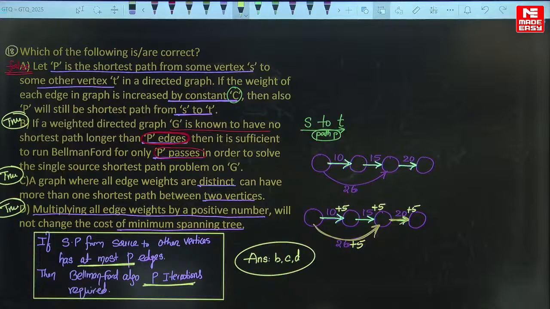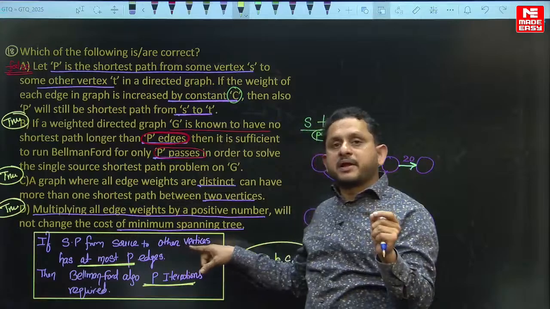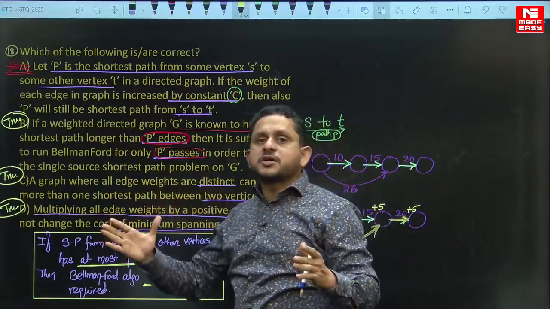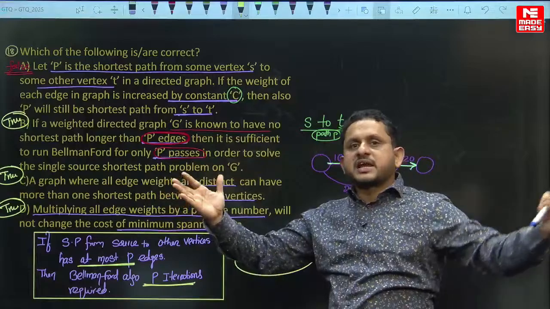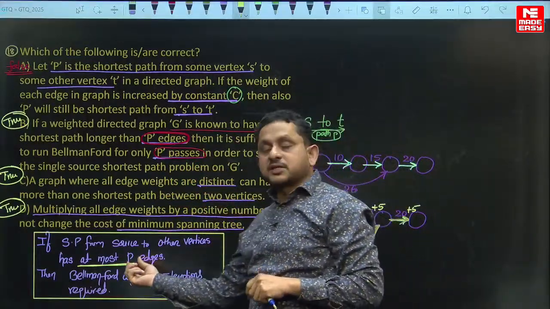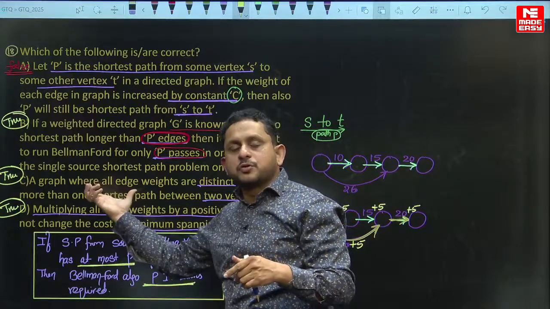Just a few notes here. How does Bellman-Ford behave? In Bellman-Ford we apply edge relaxation for all edges n-1 times, because the shortest path from the source to any other vertex can have at most n-1 edges. If the shortest path consists of at most p edges, then the Bellman-Ford algorithm requires only p iterations.